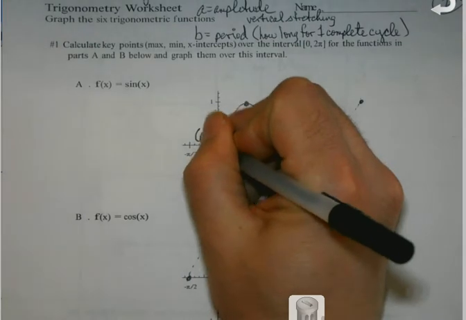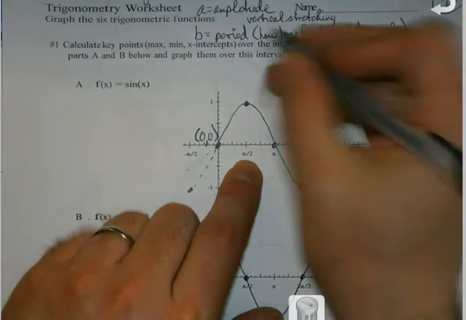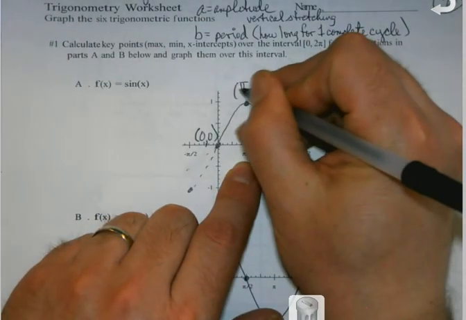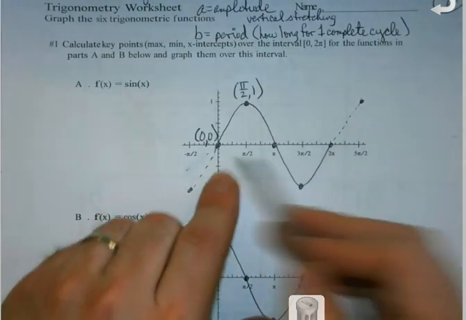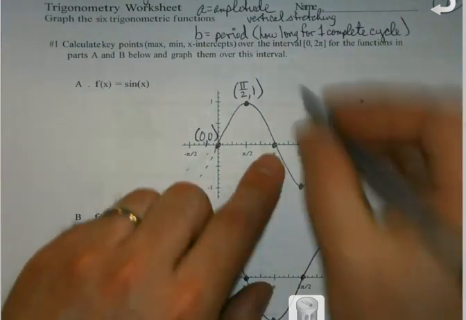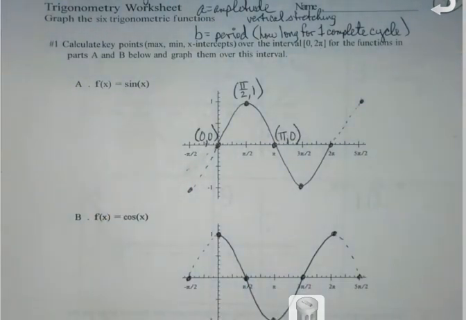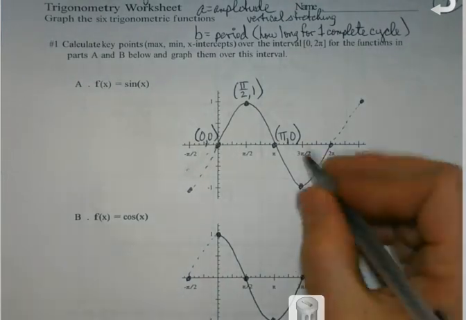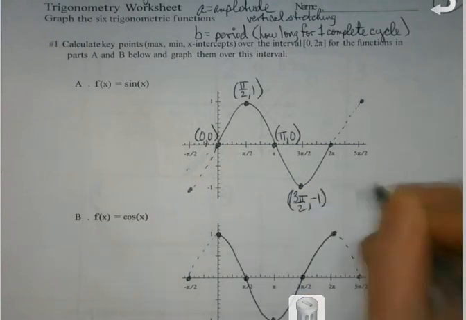So like for instance, if we just labeled our main points within our 0 to 2 pi interval, and it's going to seem strange because you're not used to doing it this way with an x value, but we're going to label our x as our radian measures, and y is still going to be like a normal y value is. So for any of these, I'm just going to label those main 5 points with my radian measure and then my y value.